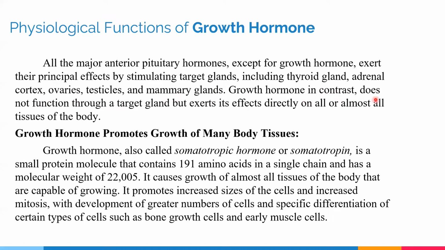Growth hormone, in contrast, does not function through a target gland but exerts its effects directly on all or almost all tissues of the body. So let us look into how growth hormone promotes growth of many body tissues.